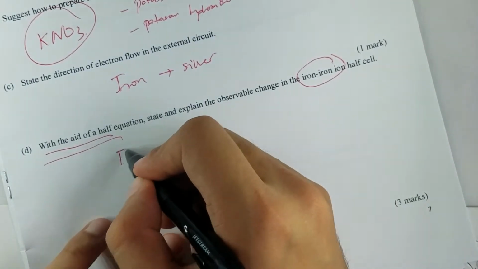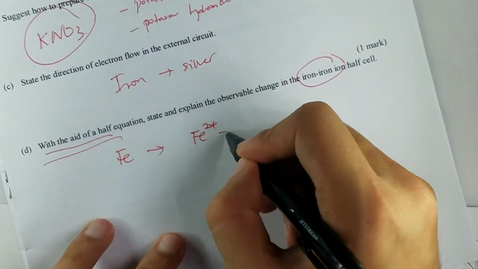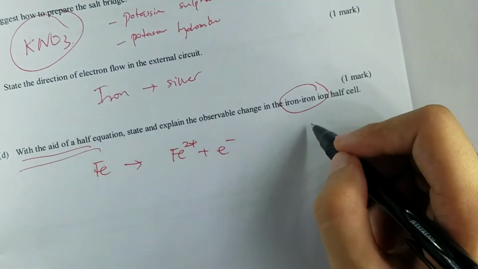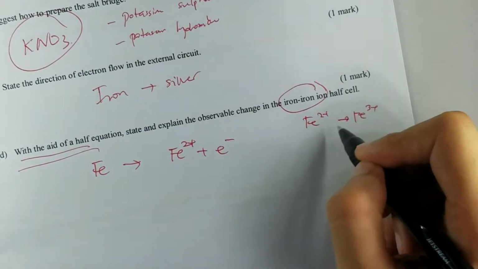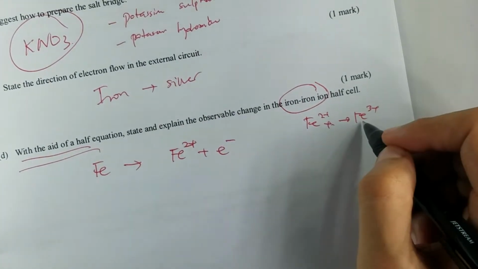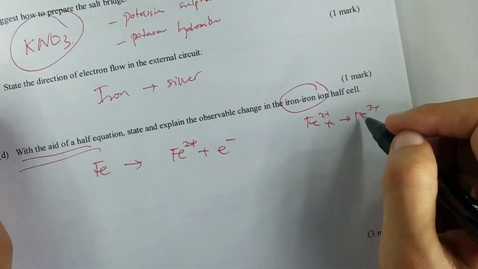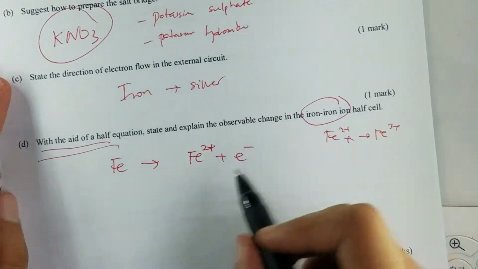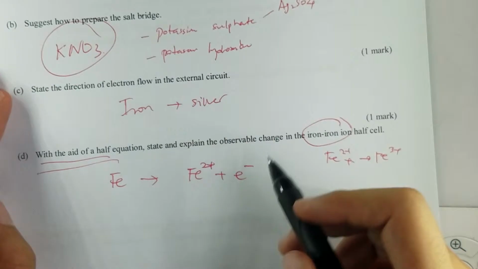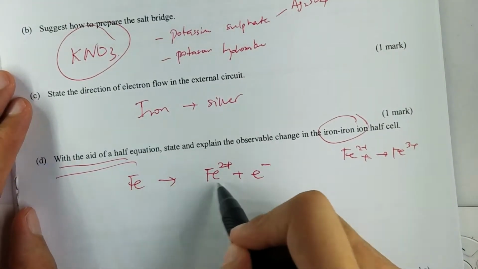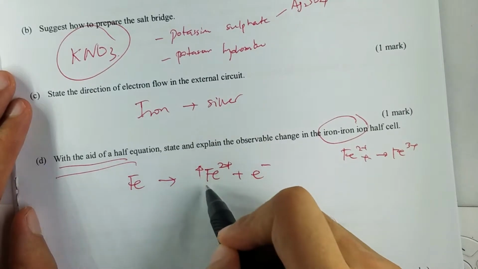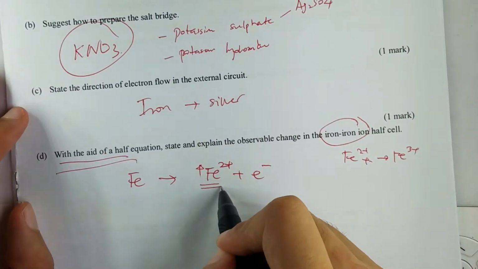So what is happening is iron will form iron 2 plus electron. I realize some of you wrote iron 2 will become iron 3. Well, how can it be oxidized? Right? There's no oxidation happening here. It's just a transfer of electrons from iron to iron 2. So now we realize that iron is losing electrons and there are higher concentration of iron 2.